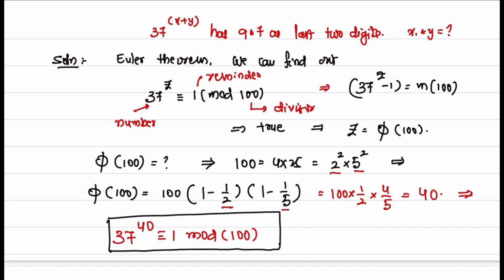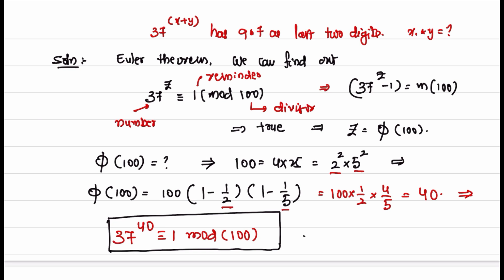Now we have to find out whether there are any other repeating equations like this, for powers less than 40, the same equation, or any repetitions more than 40 power.